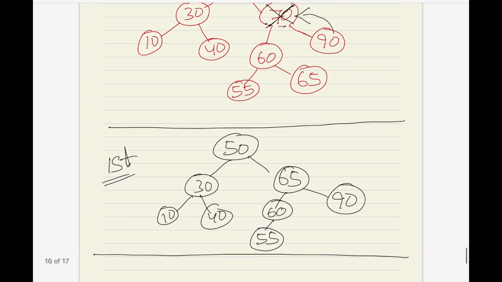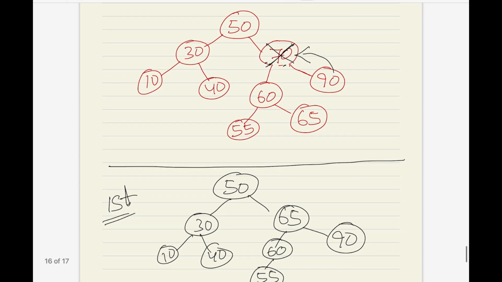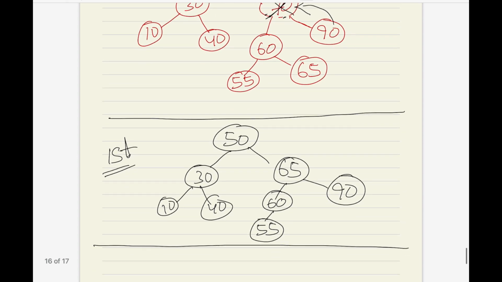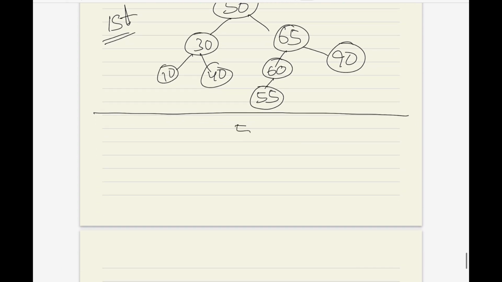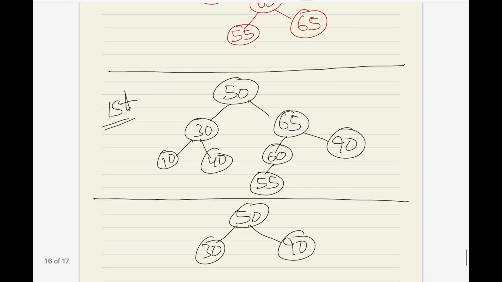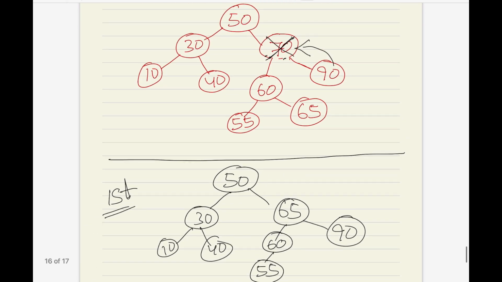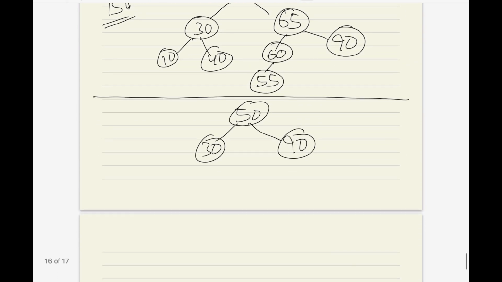Okay, so if we follow the second approach, it is 50, then 30, then 90. Then 30, the children are 10, 40, so it is 10, it is 40.